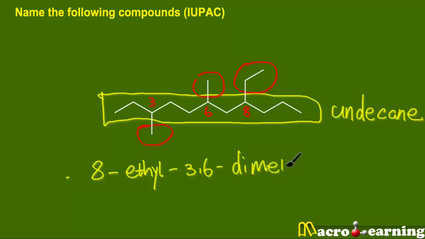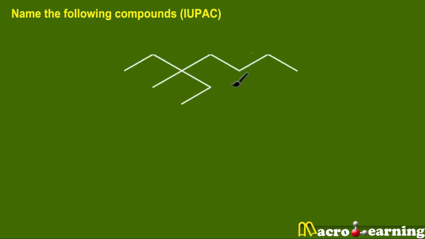Dimethyl. Undecane. 8-ethyl-3,6-dimethylundecane. All right. Okay, last one, almost there.